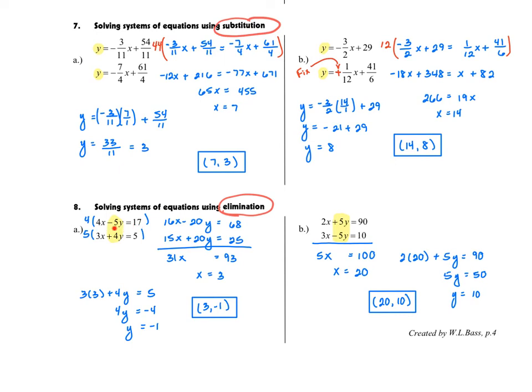When I multiply this whole first equation by 4, distributing that all the way through, I get 16x minus 20y equals 68. When I take the second equation and multiply it by 5 and distribute it through, I now have 15x plus 20y equals 25. Now, when I look at these two, I notice that my y's are now the same value but opposite signs.